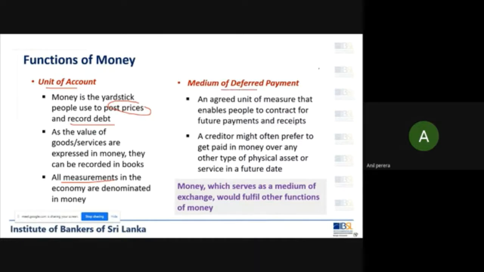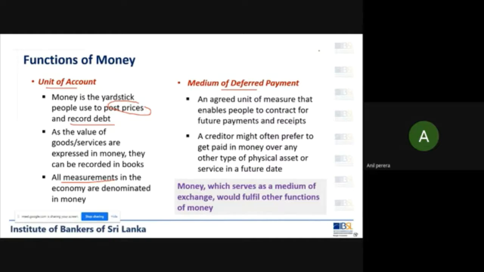Last function, medium of deferred payments, which means you can use money to pay debt. You enter into financial contracts to borrow, or even for investments, using money with a promise to make a future payment.